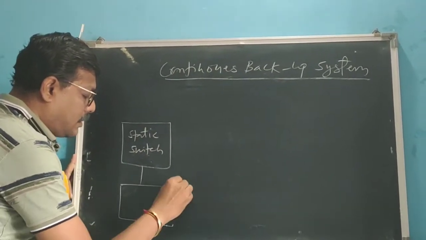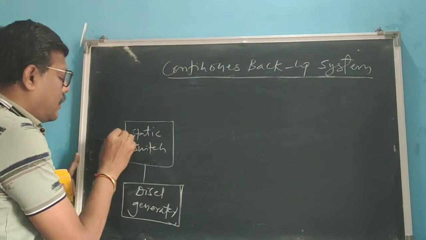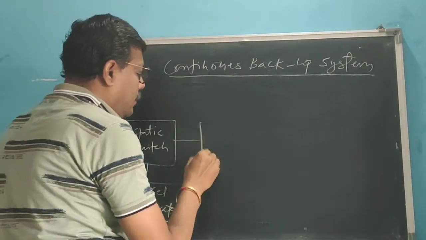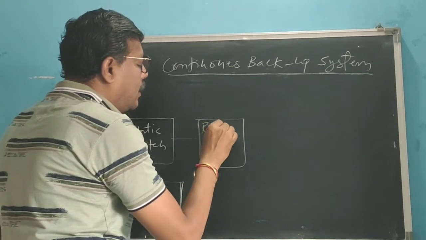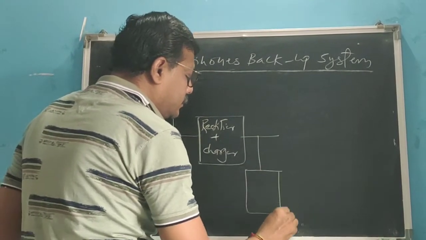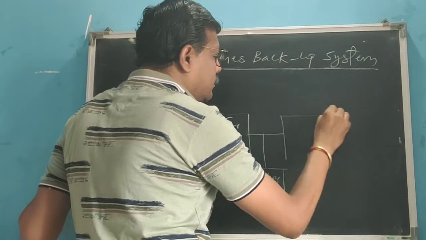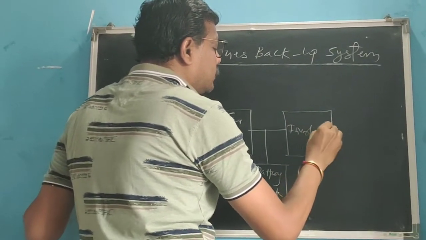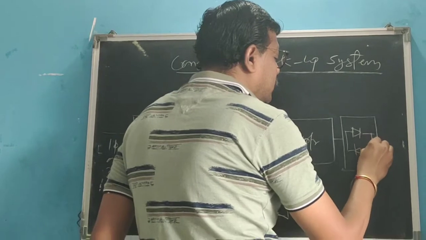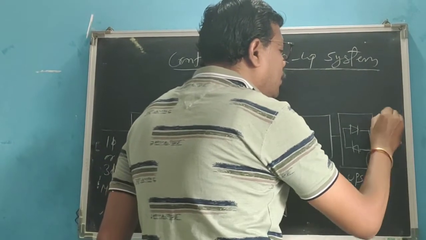This is your diesel generator, one phase or three phase mains, rectifier plus charger, battery bank, UPS static switch, and finally it is given to the load.